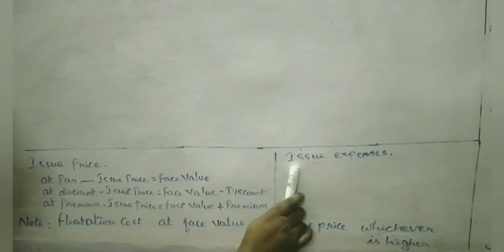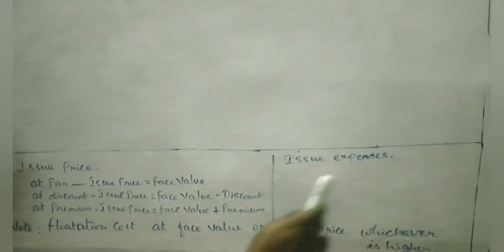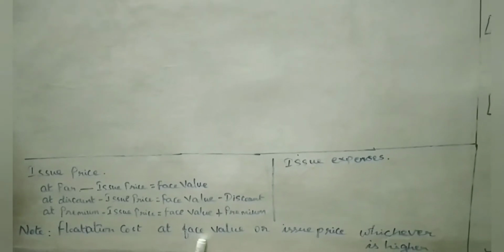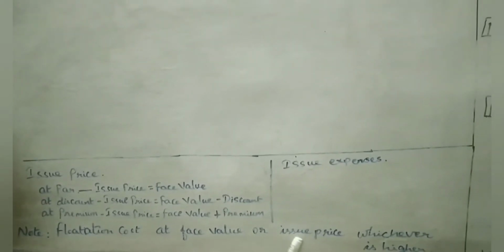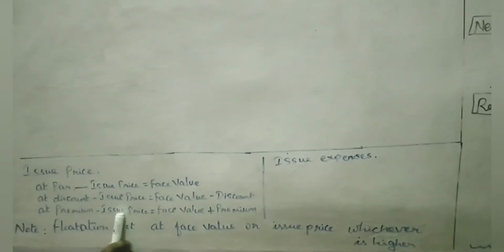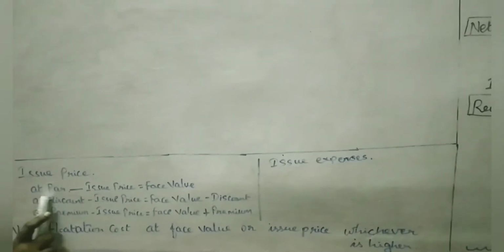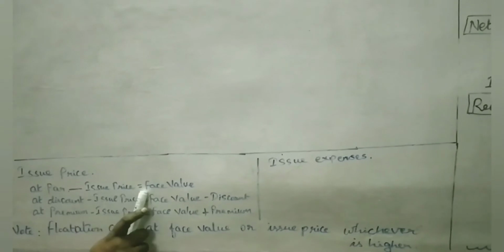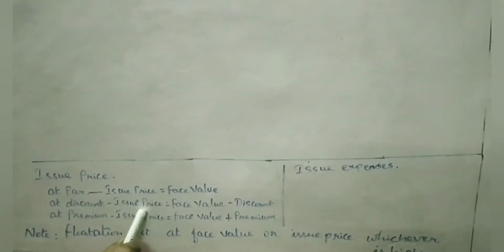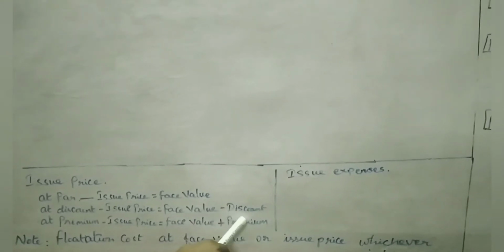Now, calculate issue expenses. Issue expenses are calculated on the face value or issue price, whichever is higher. When the issue is at par, issue price is equal to face value. When the issue is at discount, the issue price is equal to face value minus discount.